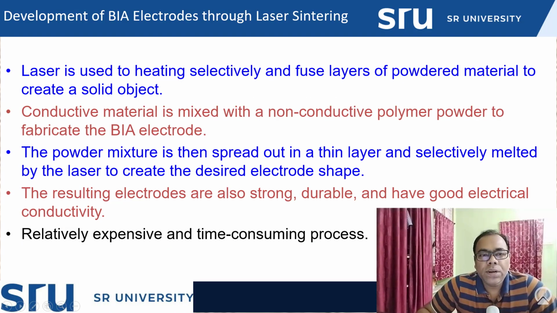Now coming to the development of the BI electrode using laser sintering technologies. Laser is used to selectively heat and fuse layers of the powder material to create a solid object.